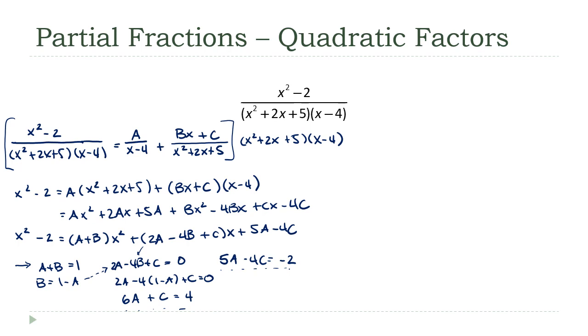If I solve this first equation for c, this is c equals 4 minus 6a. Substituting that into the other one gives me 5a minus 4 times 4 minus 6a equals negative 2. That's 5a minus 16 plus 24a equals negative 2.